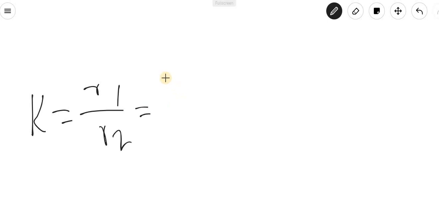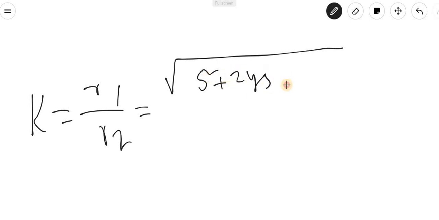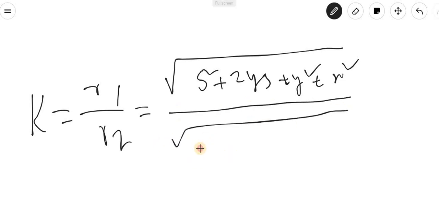So this K is R1 by R2. Clear? So R1 is under root s square plus 2ys plus y square plus x square, and R2 is s square minus 2ys plus y square plus x square.